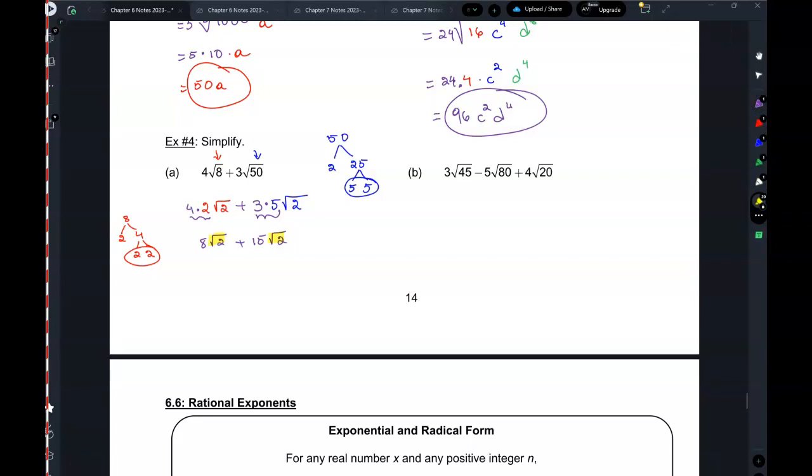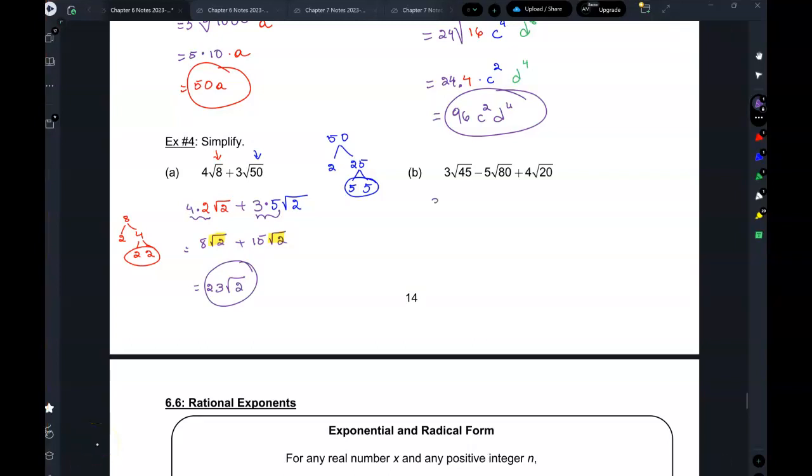Root 2 and root 2, they're identical. These are like terms. So what I do is I combine the coefficients. 8 root 2 plus 15 root 2 is 23 root 2. 23 root 2, that is my final answer. Okay, now raise your hands for questions.